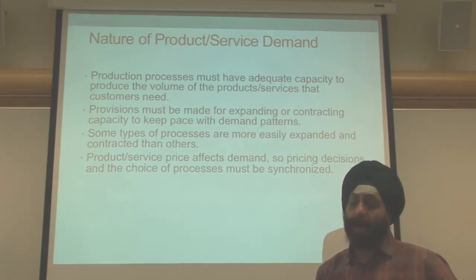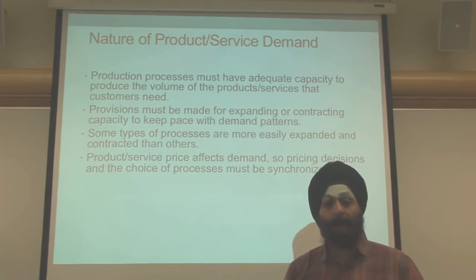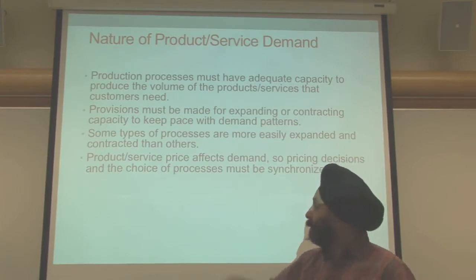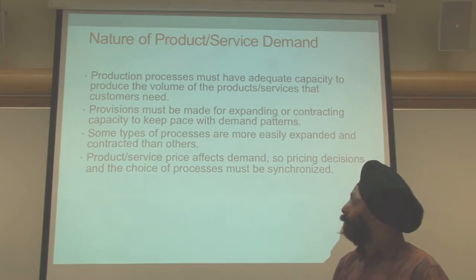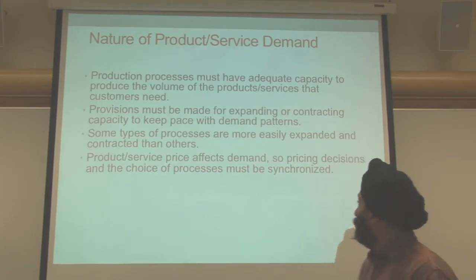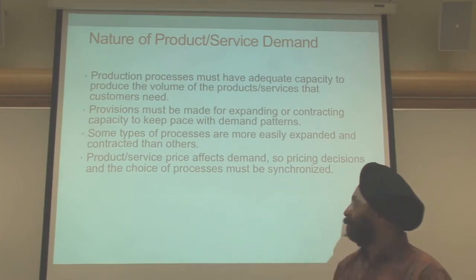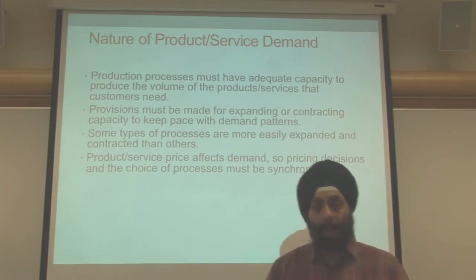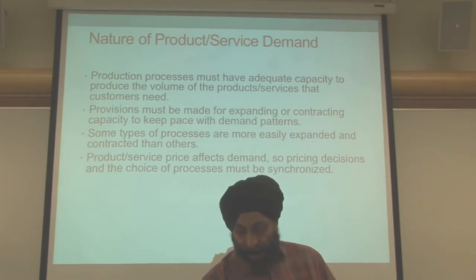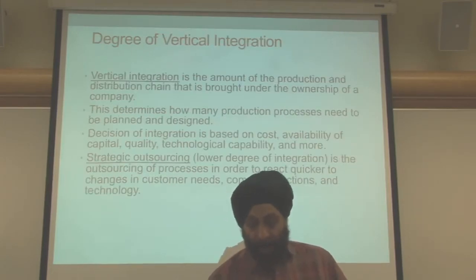Depending on the profit margins, that will also impact what type of demand you can expect for that product. So pricing decisions and the choice of process need to be related to each other, synchronized in that case. So let's move on to degree of vertical integration.